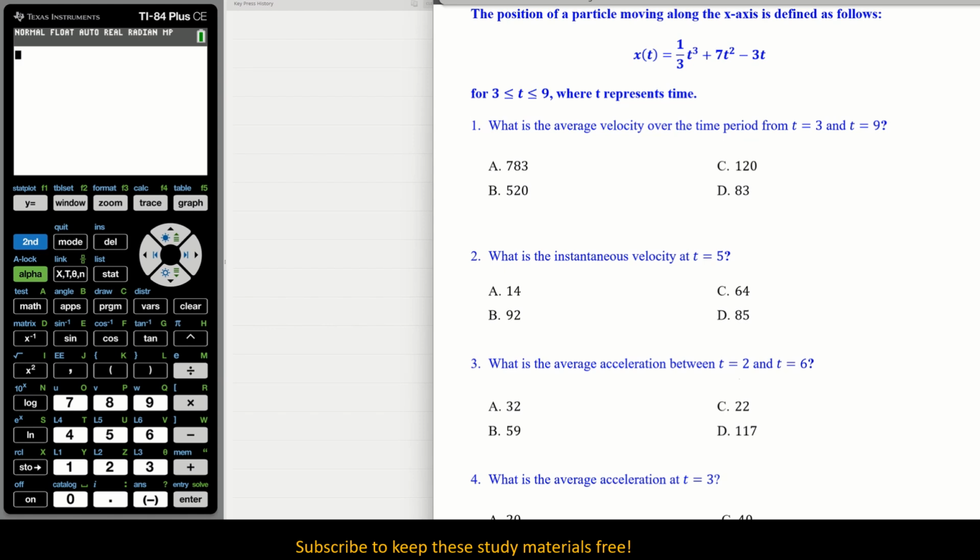So we don't have to find the first derivative. We just need to put this into our calculator, get those values for 3 and 9, and set them up as slope as we did before, because your average velocity is the slope at that point.